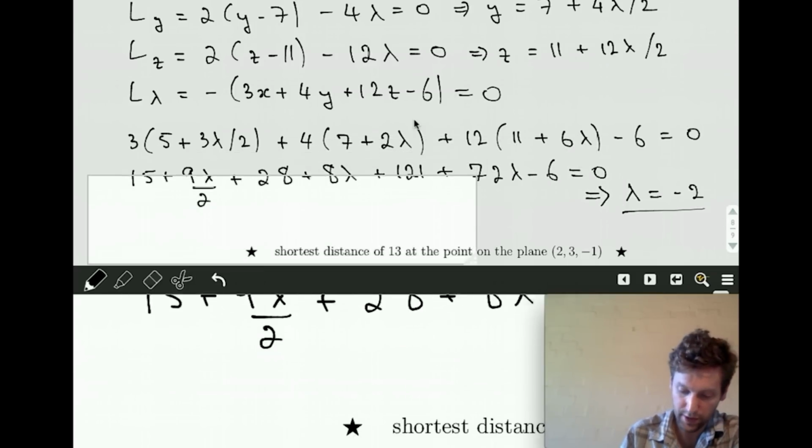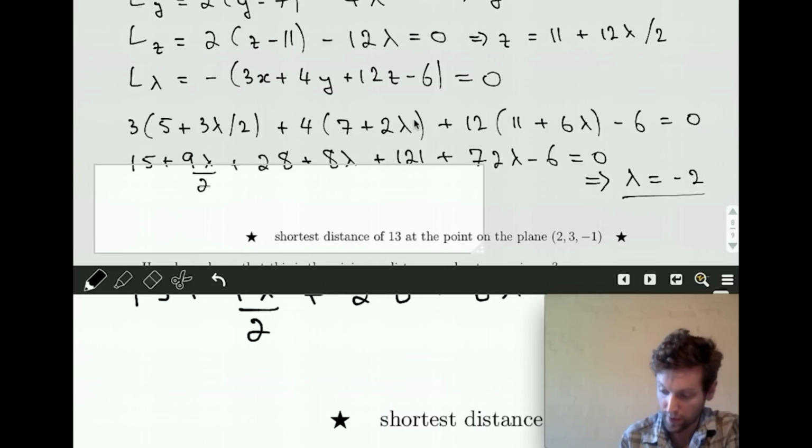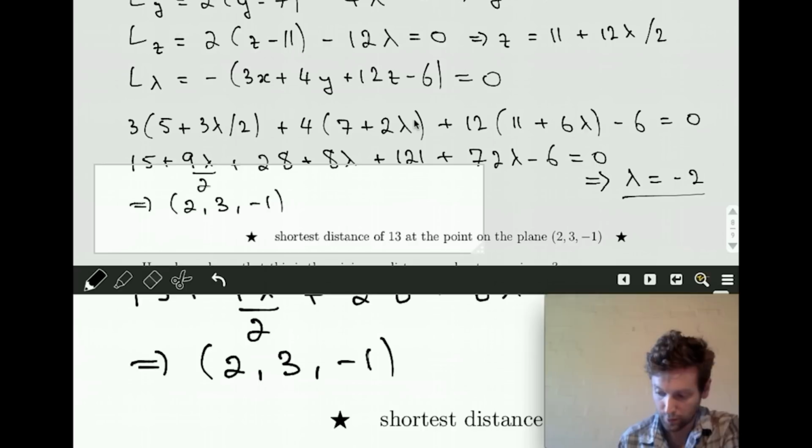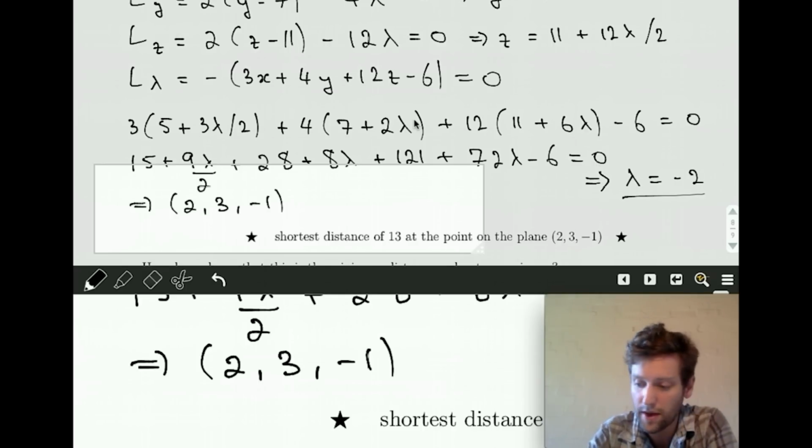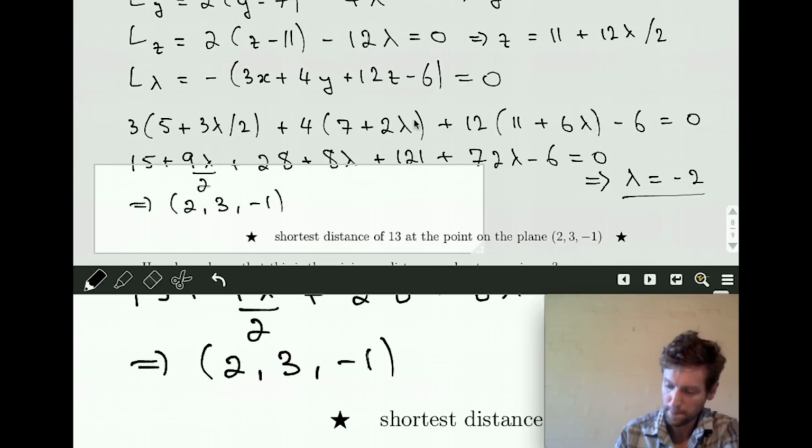And when you substitute those values into expressions for x, y, and z, you're going to find that x is equal to 2, y is equal to 3, and z is equal to minus 1. So that is the point on the plane satisfying the constraint 3x plus 4y plus 12z minus 6 is equal to 0 that has the smallest distance.